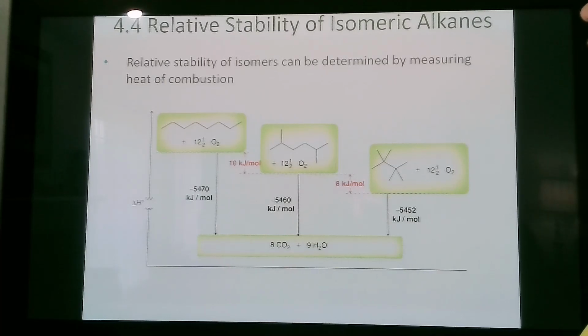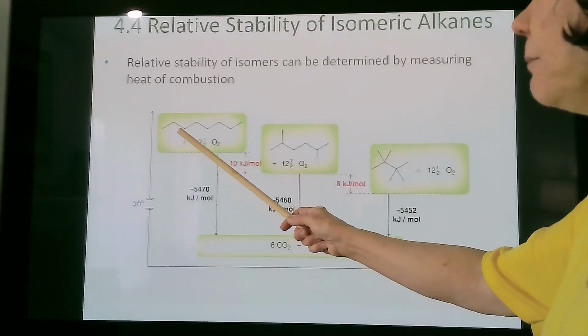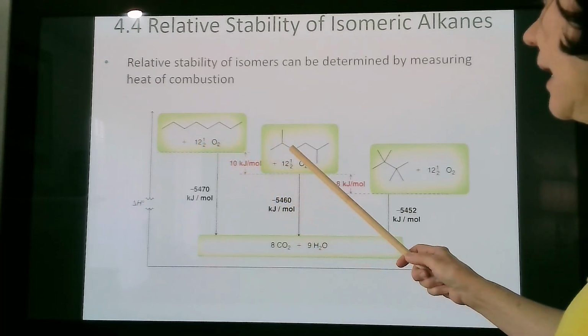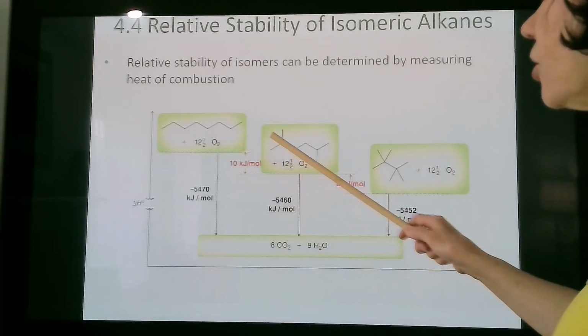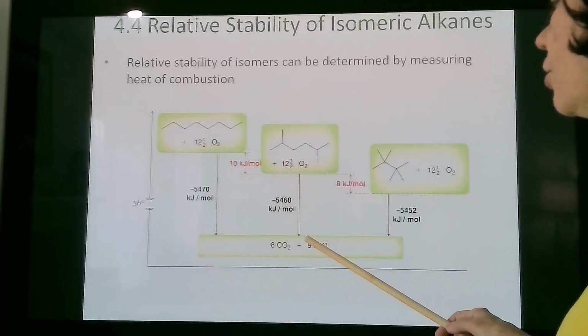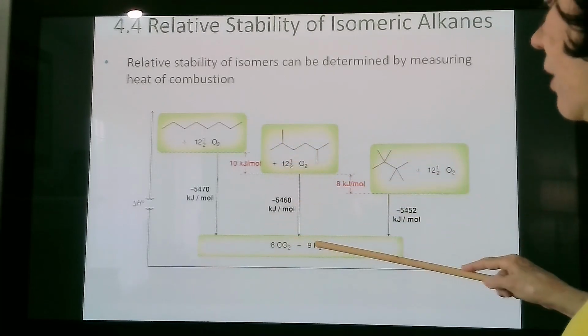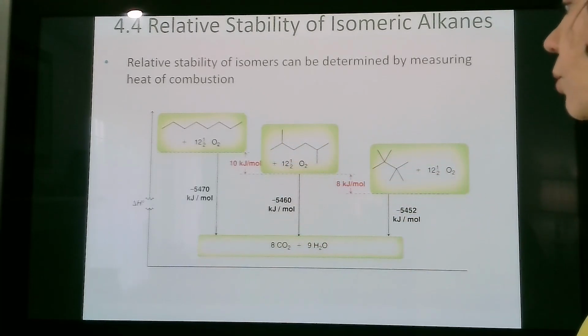The relative stability of isomeric alkanes. And so you can see what's happening here is each of these is being oxidized. Enough oxygen is provided to turn each of the carbons into CO2 and each of the protons into water.